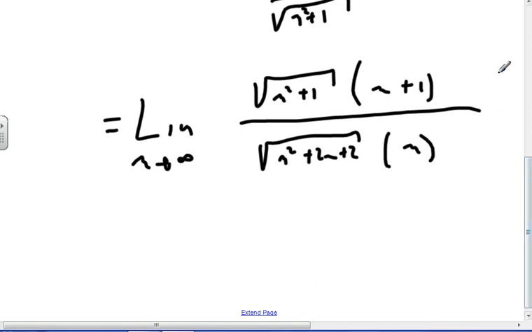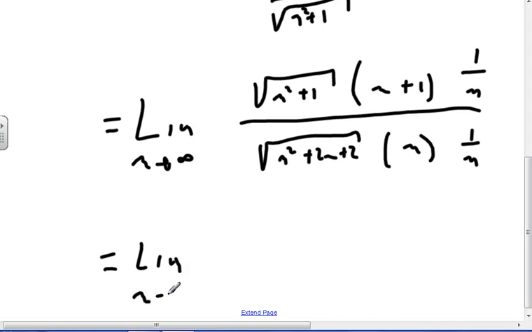Going to multiply top and bottom by 1 over n. Yeah, that's what we're going to do.